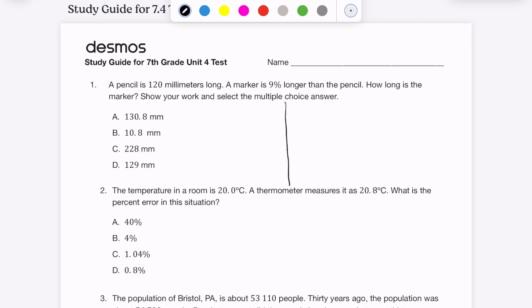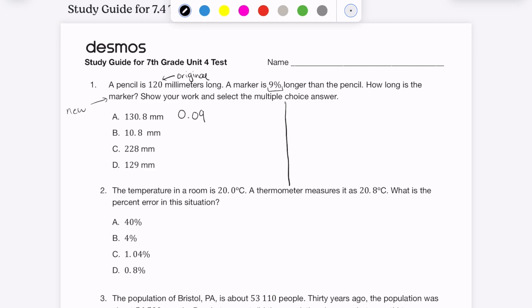is we recognize that 9% is our percent increase. Okay, and I can write that as a decimal, 0.09, right? And now I have my original, which is 120 millimeters. And I'm trying to find how long the marker is, which we know is 9% longer. So we can see this is like the new amount.